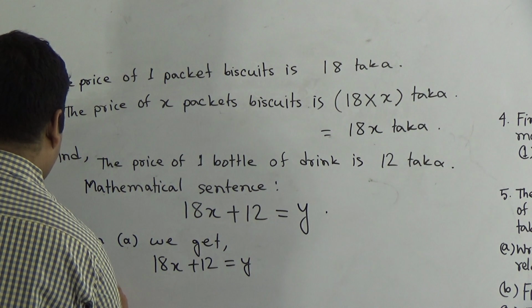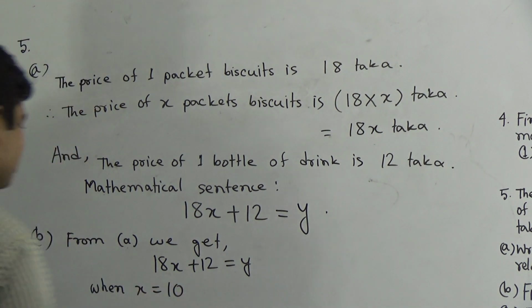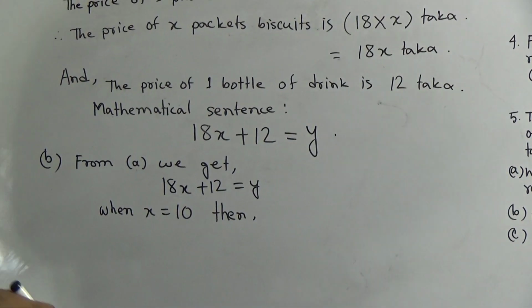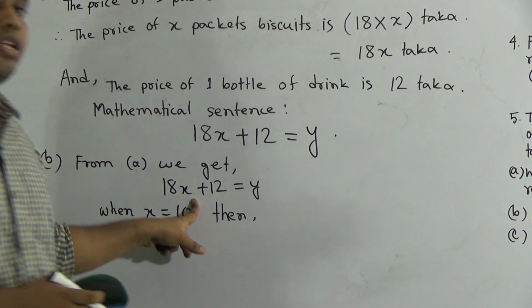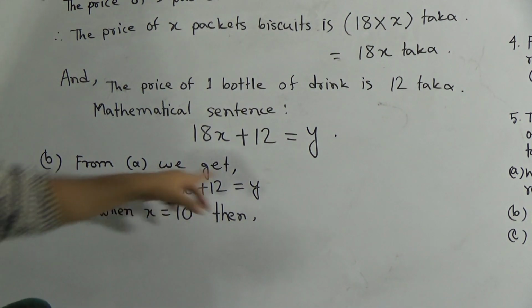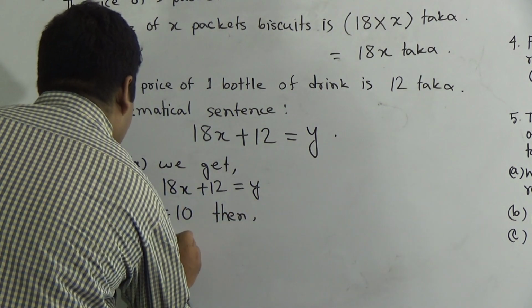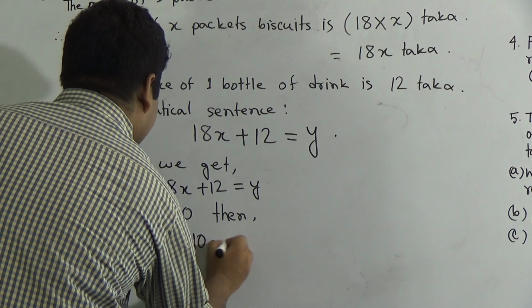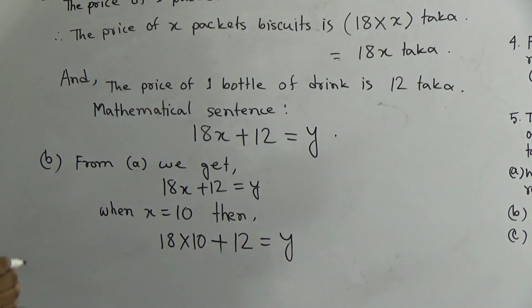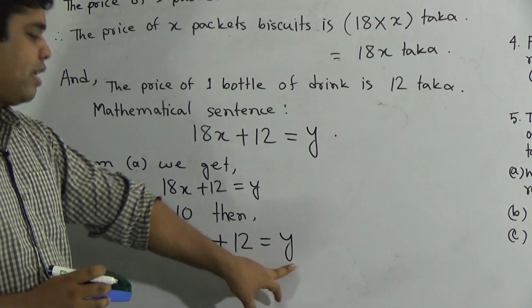So here you write: when X equals 10, then in this equation we need to put the value of X equal to 10. After solving, we get the value of Y. So now write 18 multiplied by 10 plus 12 equals Y. My dear student, please notice we need the value of Y only, but Y is on the right hand side.